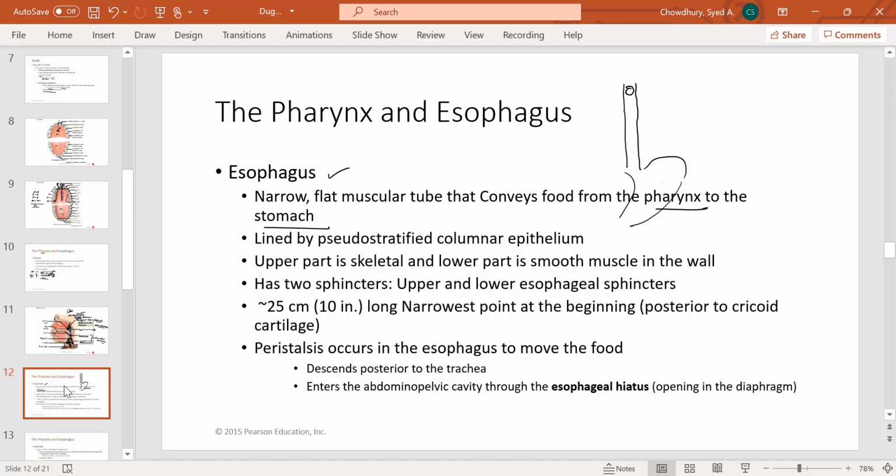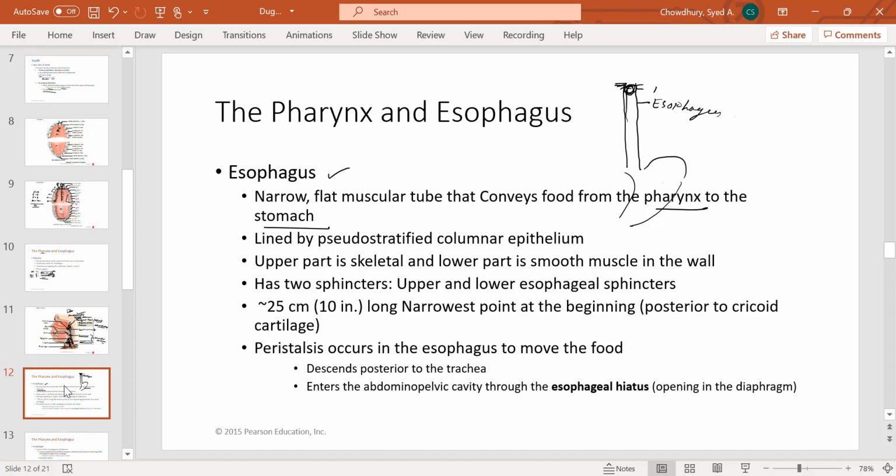Because this is the food bolus, this is the esophagus, and when the food enters the upper part of your esophagus, a wave-like movement, that is called peristalsis, starts here, and that pushes the food bolus pretty fast downwards.